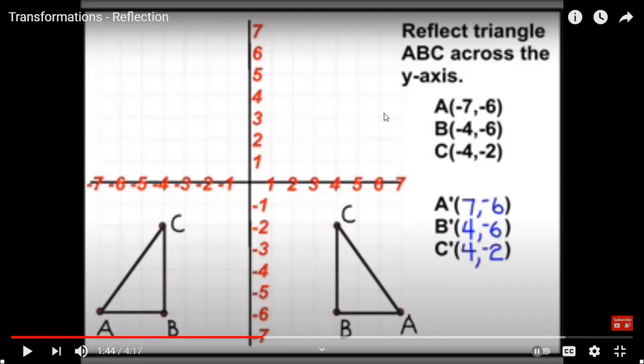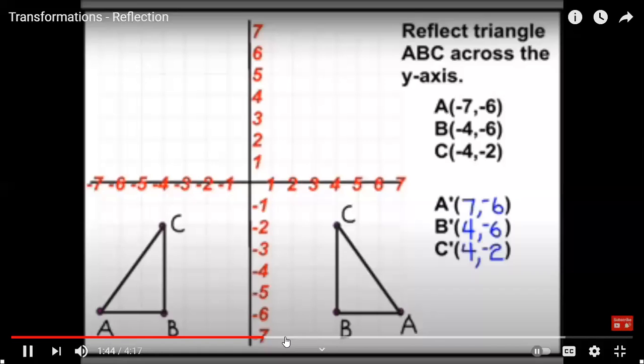So negative will change into positive. If it's positive it becomes negative, if it's negative it becomes positive, if zero we are going to keep it the same. But the rule, once we want to reflect any shape across the y-axis, we are going to keep y and we will change x.